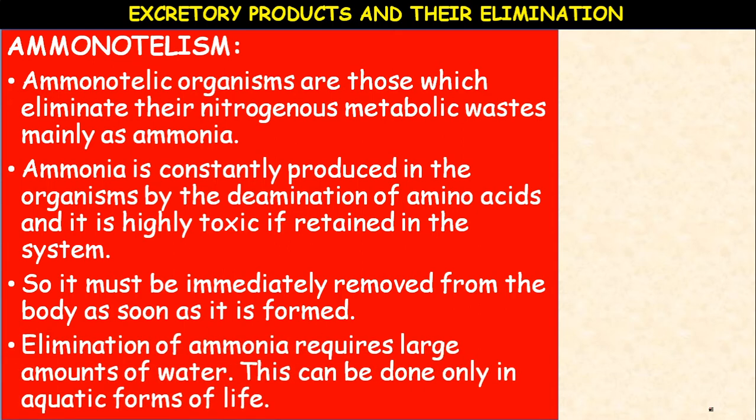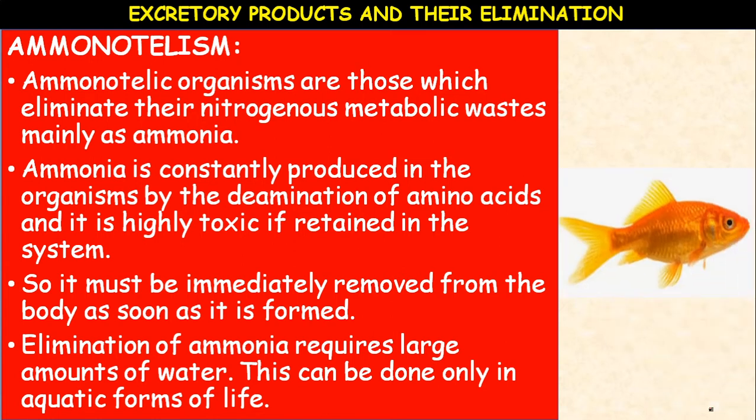The elimination of ammonia requires large amounts of water. This can be done only in the aquatic forms of life. That's the reason why most of the aquatic animals like fishes and tadpole larvae produce ammonia as their excretory product, as they are living in the aquatic medium, water.